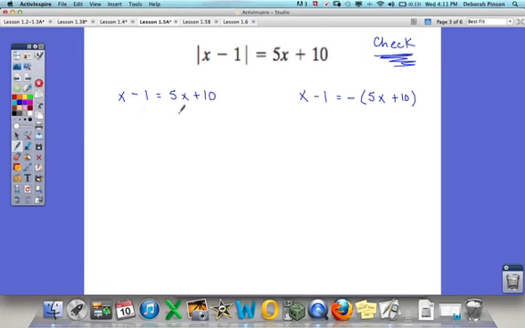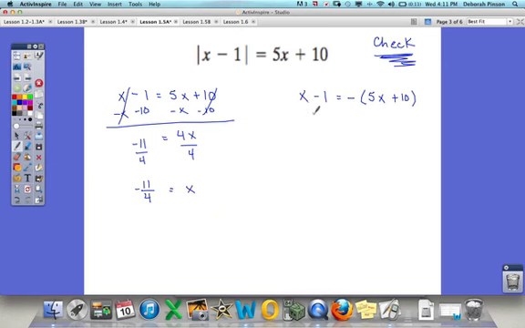I'm going to move the x to the other side of the equal sign so that I have 4x, move the 10 to the other side so that I have -11, and then divide by 4. So x equals -11 over 4.